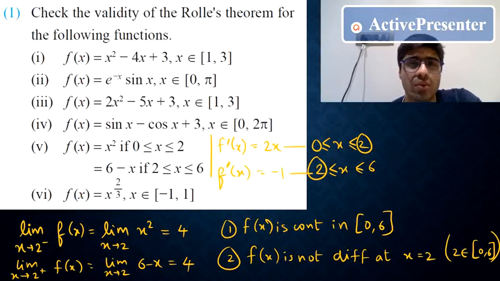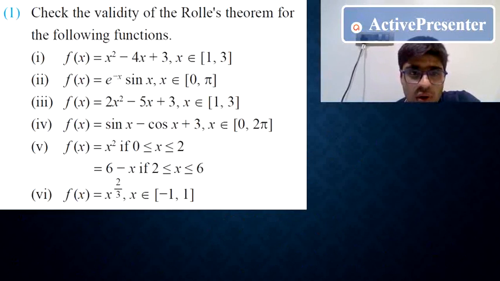So there is one point where the function is not differentiable, and because the function is not differentiable at one point in the given interval 0 to 6, we say that the conditions of Rolle's theorem are not satisfied. So the first condition is satisfied, the function is continuous, but the second condition of being differentiable in the given interval is not satisfied, which is why we say that Rolle's theorem is not applicable for the fifth function that is given to us.